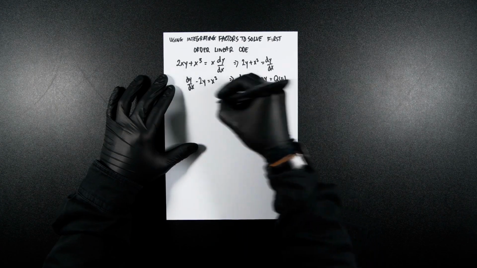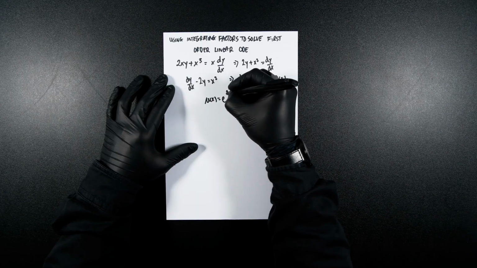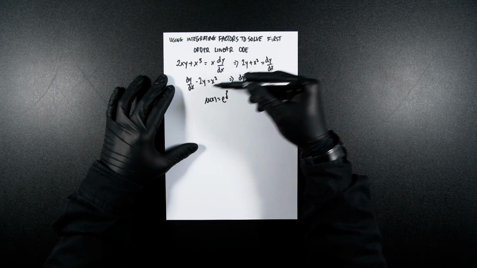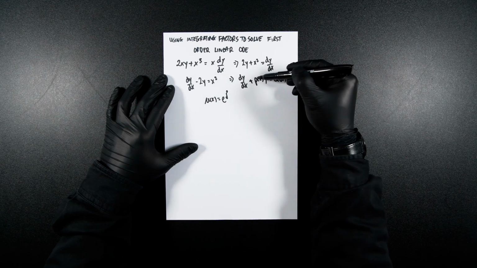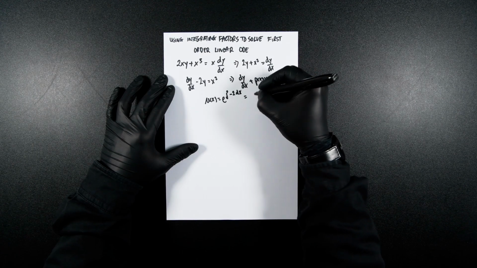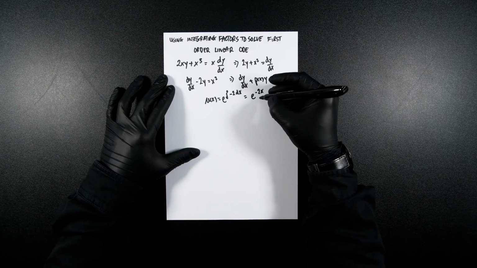So I'll write that down: mu(x) equals e to the integration of p(x), which is minus 2, that's the p(x) value, minus 2 dx, which is equal to e to the minus 2x. So now we've found out what our integrating factor is.